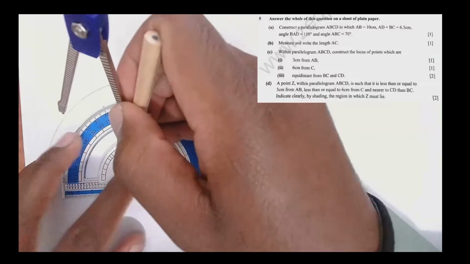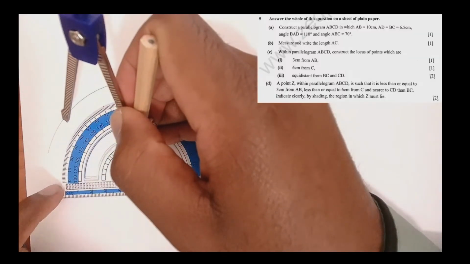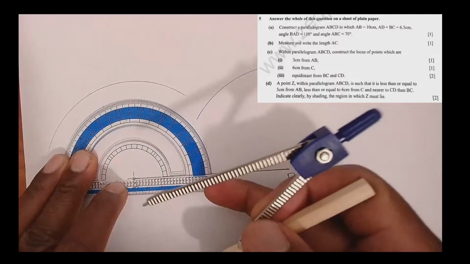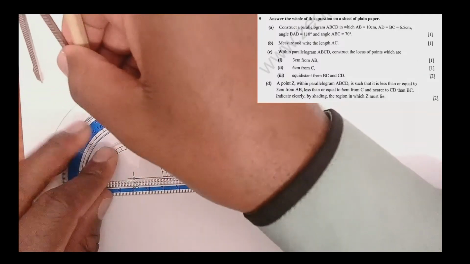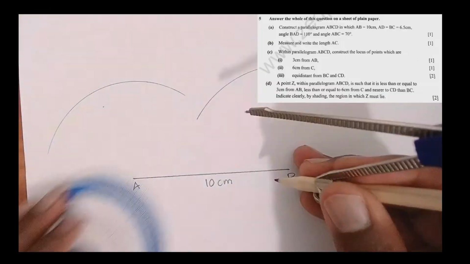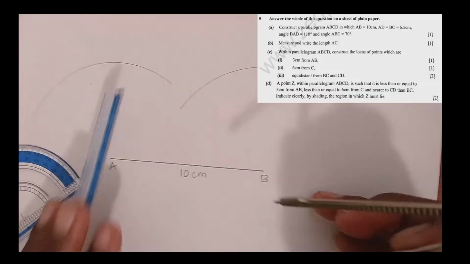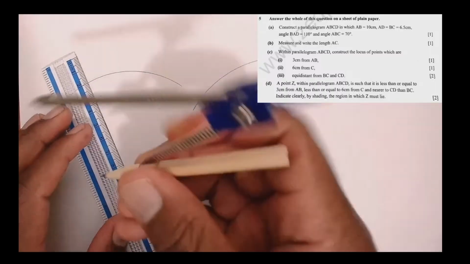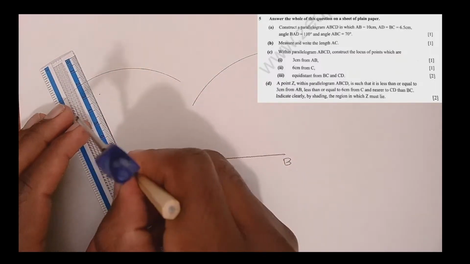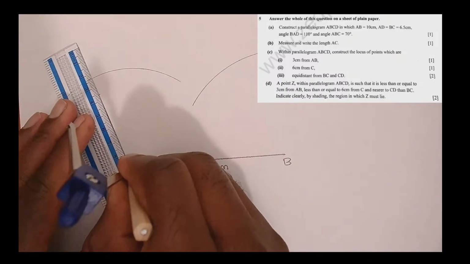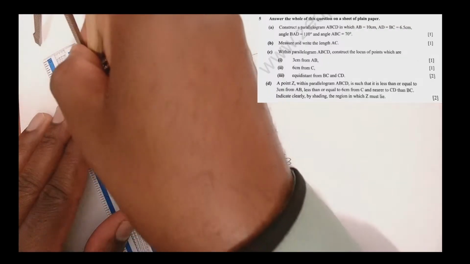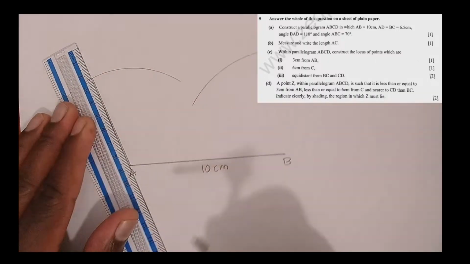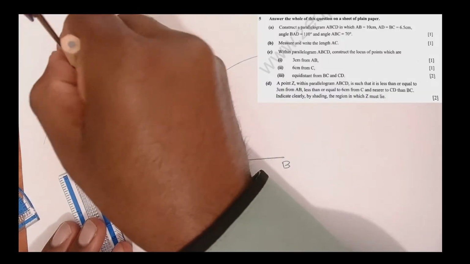Okay, so this looks like 70, but remember 70 is measuring from the left, right? But I need to measure from the right. This is 0, so 110 right here. All right, guys, so I know that the line passes from this point to that point right there. Okay, that should be good. Nice. Okay, so this is where my D is.